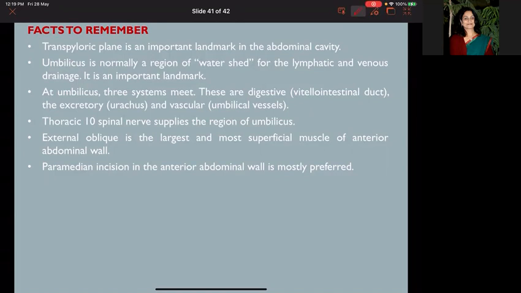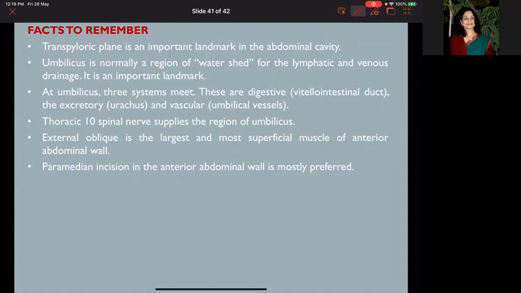So all about the umbilicus. Again, we get questions on anterior abdominal wall muscles. We get questions on the inguinal region, which is again very much important. We'll read in next classes. But in today's class, we get questions on the umbilicus, to write a short note on the umbilicus.